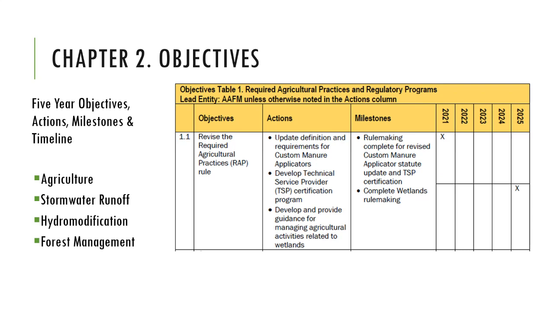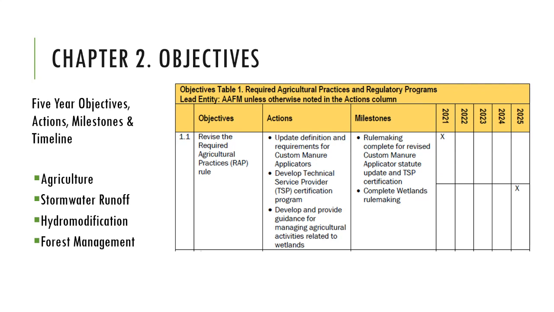The chapter is broken up into 4 main categories, which are the sources of NPS pollution. So the first one being agriculture. I just took a quick clip from the document. One of the objectives under the Agency of Agriculture was to revise the required agricultural practices to tighten them up, make them a little bit more clear.